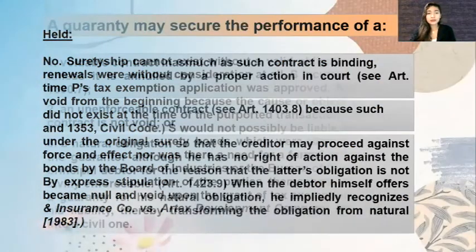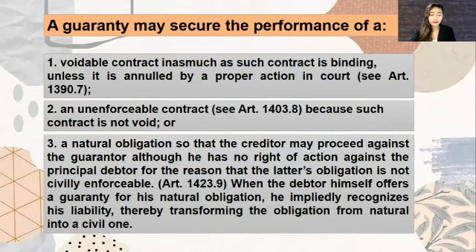And now, it is said that a guarantee may be given to secure the performance of an obligation that is voidable or unenforceable. Number 1, we have the voidable contract, inasmuch as such contract is binding unless it is annulled by a proper action in court. Number 2, we have also the unenforceable contract because such contract is not void.